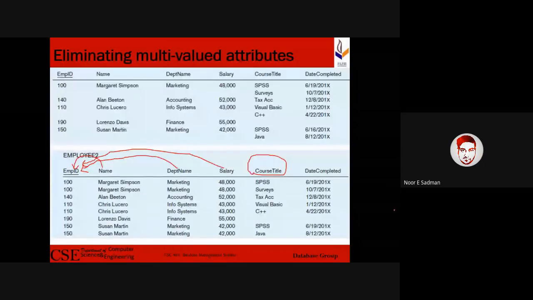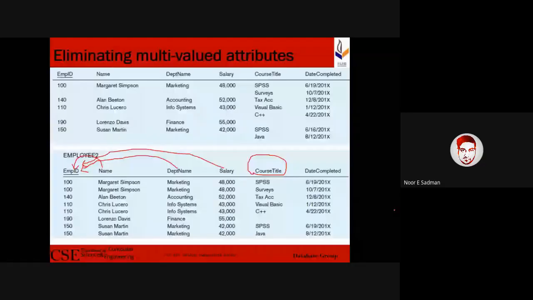It is dependent on employee ID, sir, because each employee ID has a different course title. You are saying each and every employee ID should be able to identify a course, right? But think very carefully. 100 is associated with SPSS. At the same time, 150 is also associated with SPSS. Then how is employee ID uniquely identifying the course? Sir, department name. Okay, same thing, because department name is dependent on employee ID.